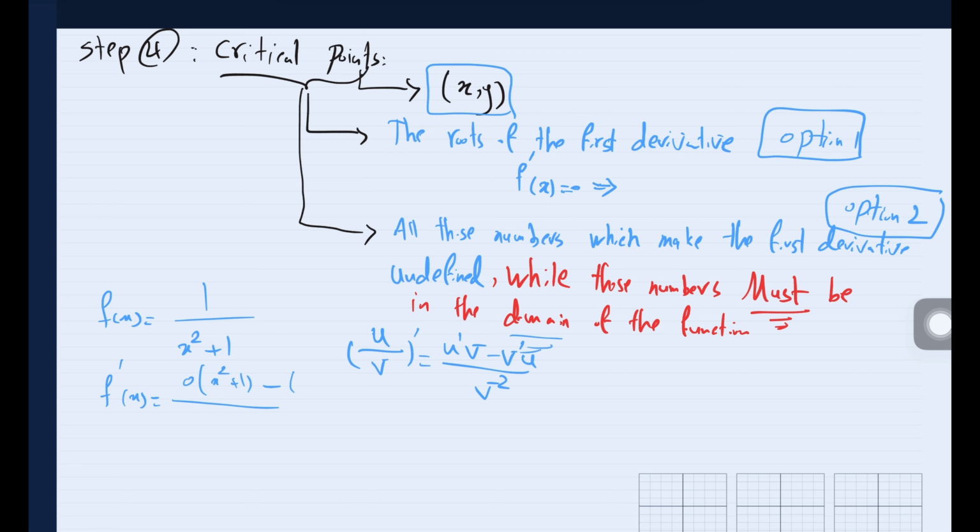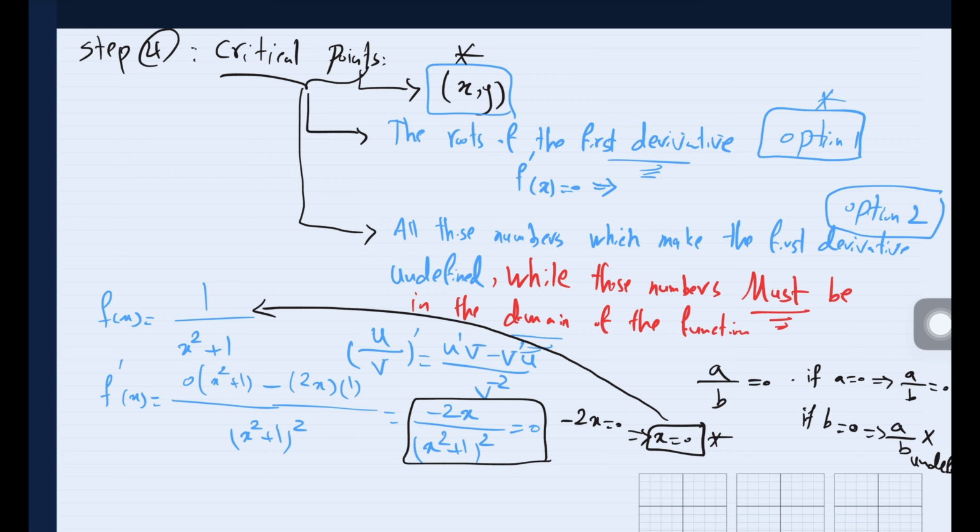So x is going to be my critical point, but we said for every single point I need x and y coordinates. This is x of that critical point. How would I get y of that point? I have to plug this x into the original function, because I want the y coordinate of this point. If I plug in that number, f of 0 is going to be 1. So the critical point is going to be (0, 1).